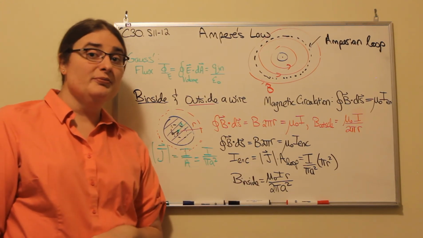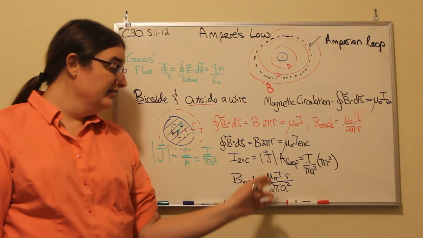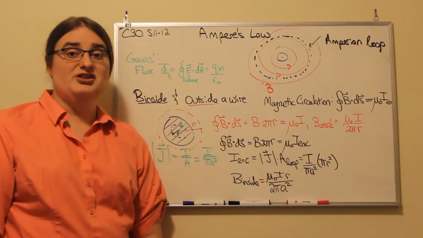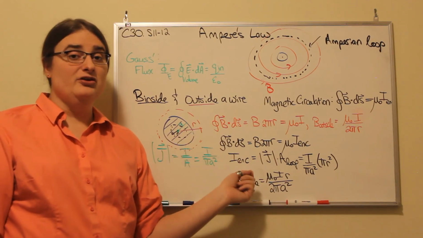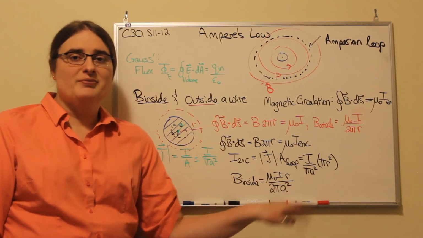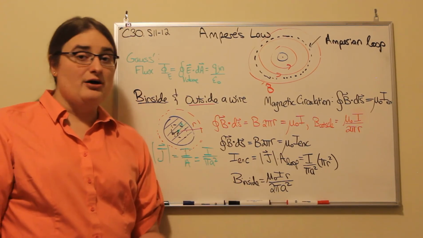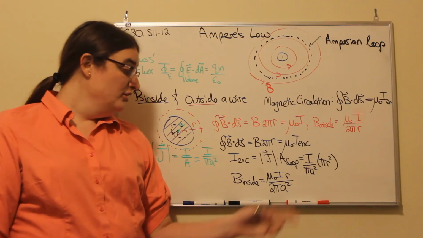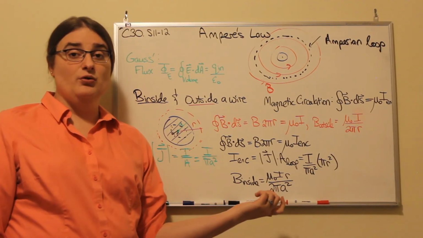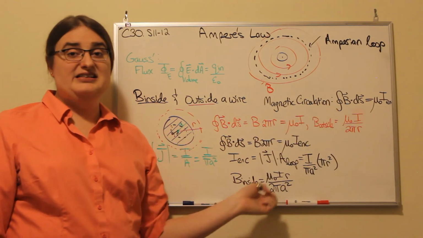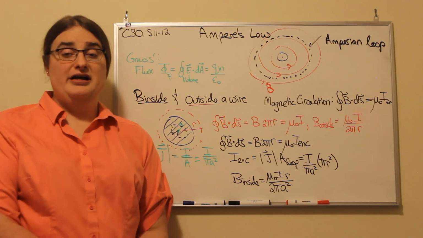So with a uniform current density, the magnetic field that we see inside a wire would be mu naught times the current of the wire in total times the radius of our Amperean loop, which is our radial distance away from the exact center of the wire, divided by 2 pi times the outer radius of that wire squared. So when we get the radius equal to the radius of our wire, we get the exact same result. That drops off like 1 over r as we move forward.